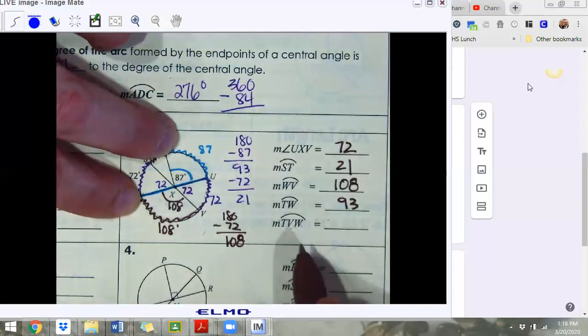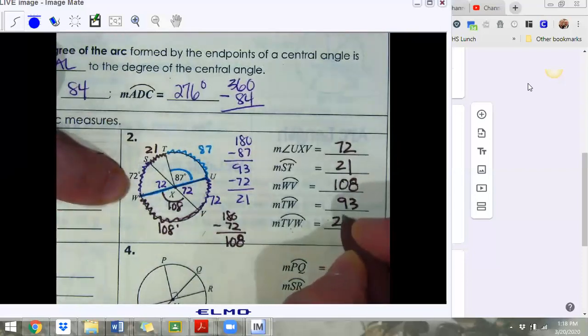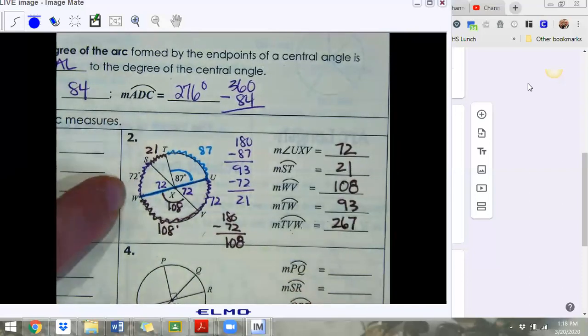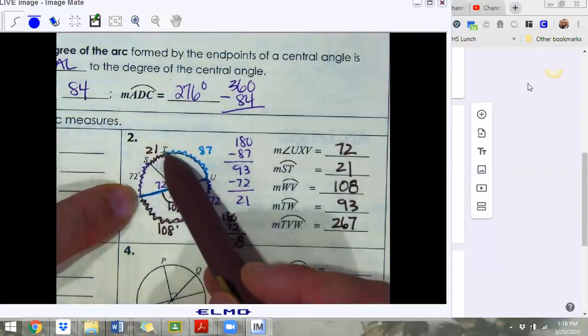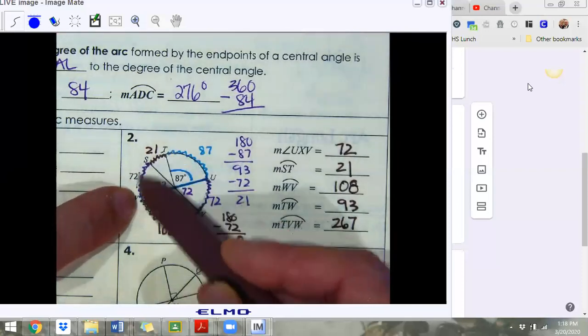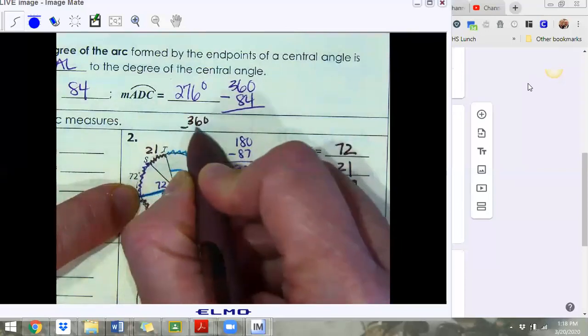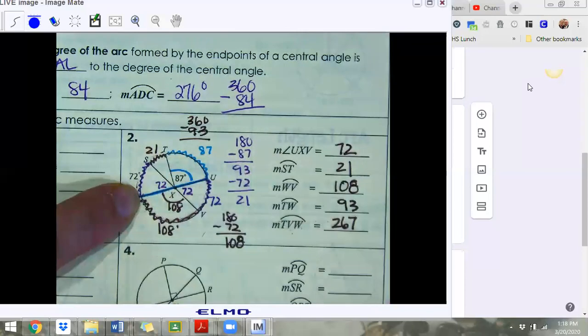So I have 87 plus 72 plus 108. And you get 267. What else you could have done is if TVW goes all the way here, and these are the two that you don't have, you could have done 360 minus your 93 also. That would have also worked.